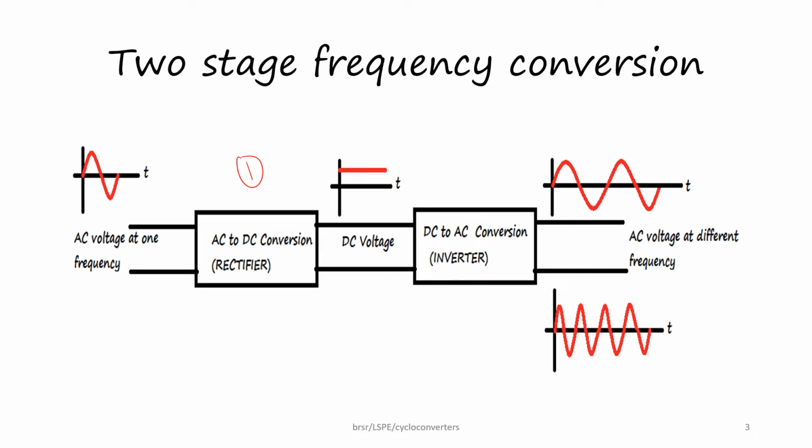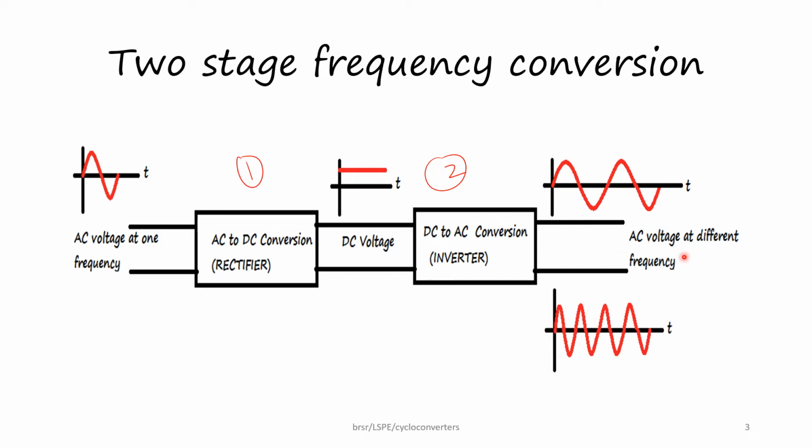DC does not have any frequency. So AC with some frequency is made into DC, and then again the DC is converted into AC using an inverter where we can get the required frequency. So this is called two-stage conversion, but cycloconverters do not use these two converters. Using only one circuit, it can convert the AC of one frequency to another frequency.